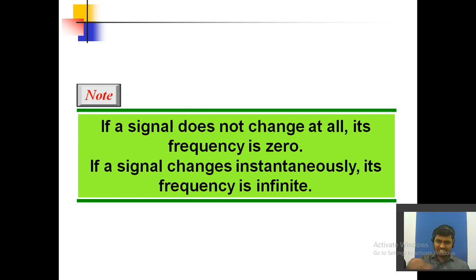But if the signal changes instantly, first phase one signal type, second phase it automatically changes to another, third phase it changes to another, then the frequency is infinity. This is a very important note, please note it down. If a signal doesn't change at all in a process, its frequency is 0. If a signal changes instantly, then the frequency is infinity.